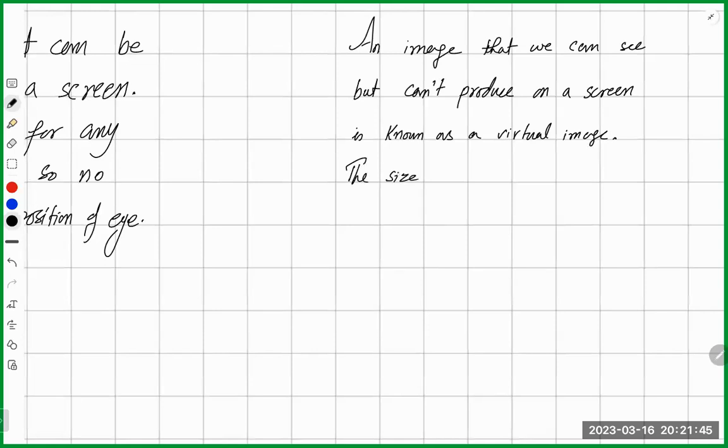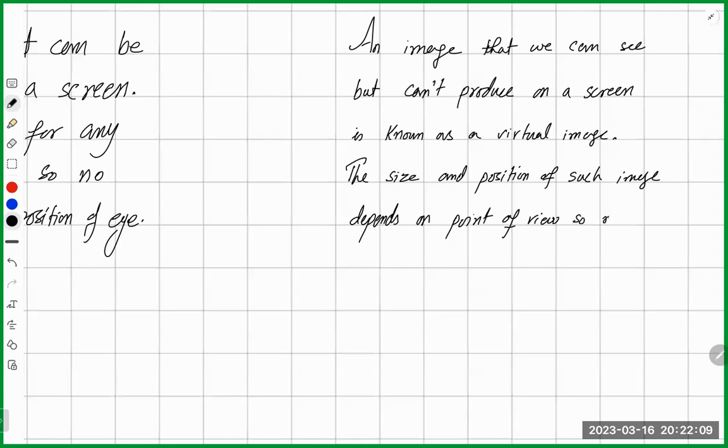The size and position of such an image depends on point of view.